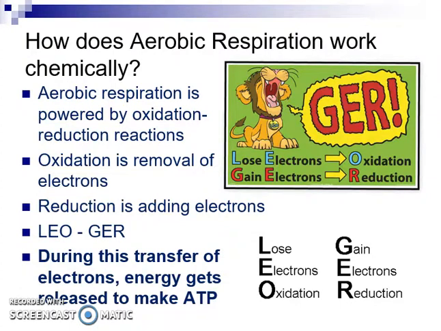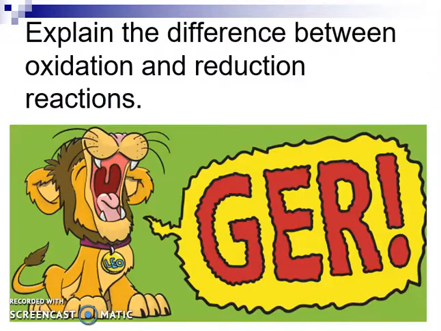So when you lose an electron, you're going through oxidation. When you gain an electron, you're going through reduction. The whole entire transfer of electrons is what really makes ATP in aerobic respiration. And that happens in the third stage, which is the electron transport chain.